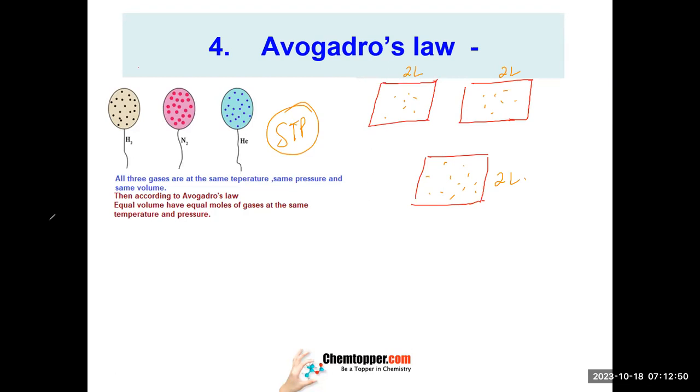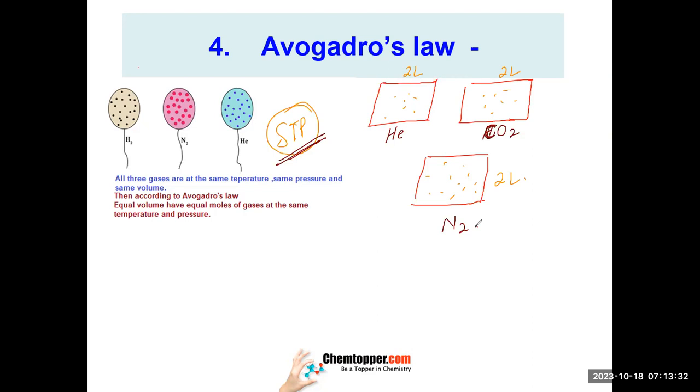And yes, Naisha, you can answer it in the private chat. One container is helium, the other container is CO2 gas, the third container is N2. My question is, out of these three containers, which container is heaviest? When I say heavy, it means mass. So first we have to think about their moles and then mass.